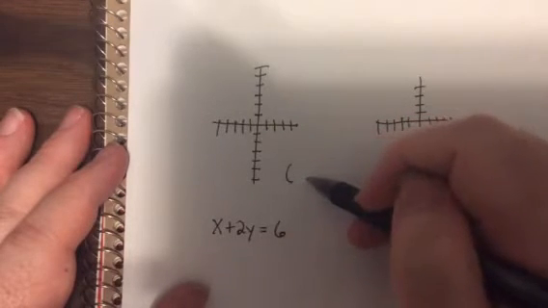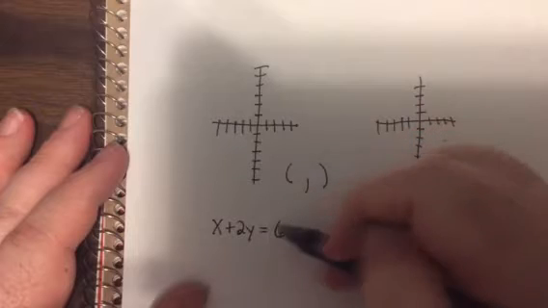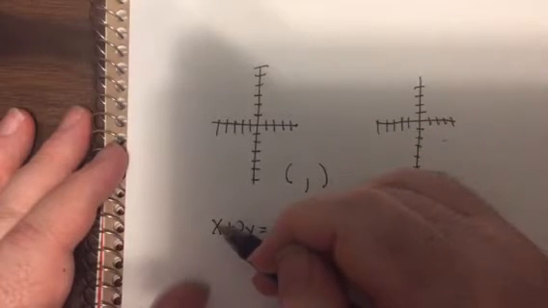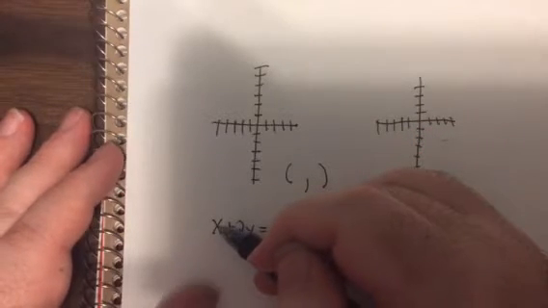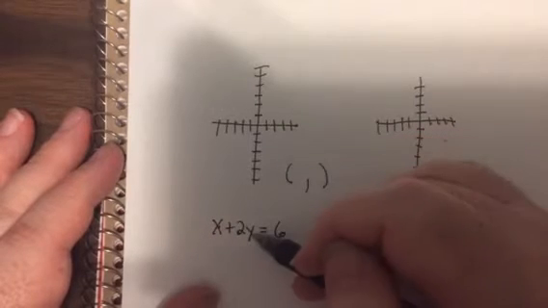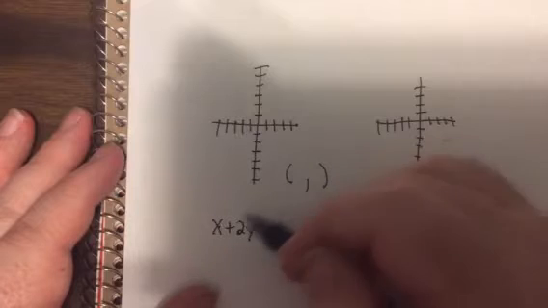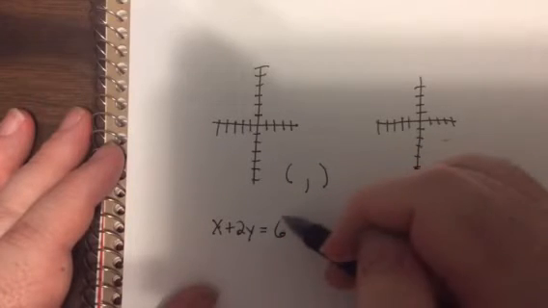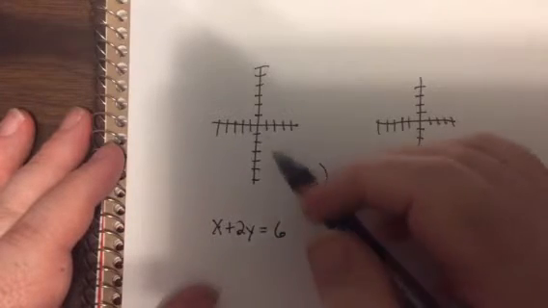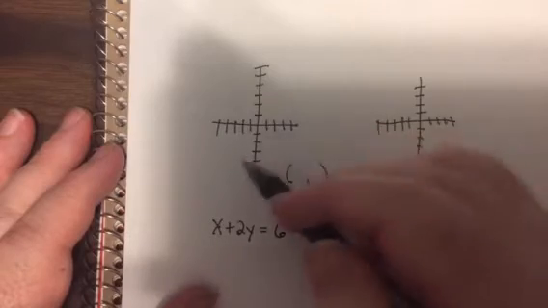So we're going to find ordered pairs that cause this to be true. The first alphabetical letter, which in our case is x, is going to go in the first spot. The second letter, second spot. Then when you put them in, it causes this whole statement to be true. Then we're going to graph those ordered pairs and connect the dots.